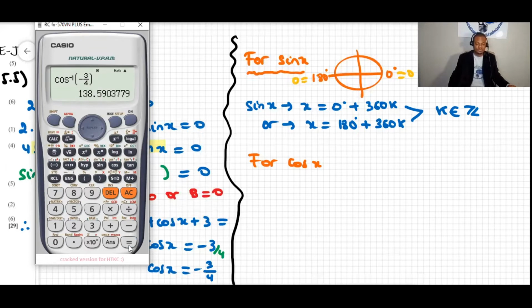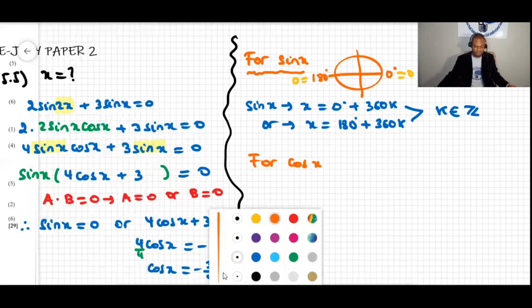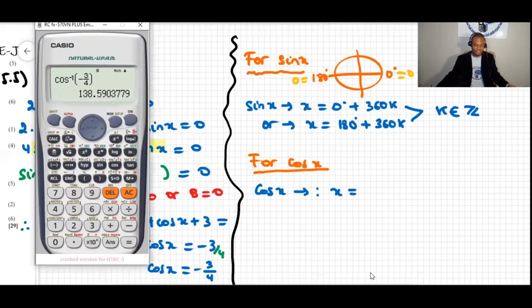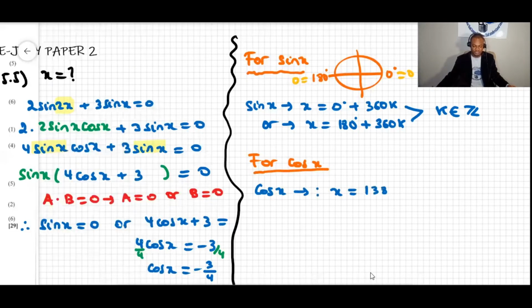And this is equal to 138.59 degrees. So for cos x, I'm gonna write here, x will be 138.59 degrees.